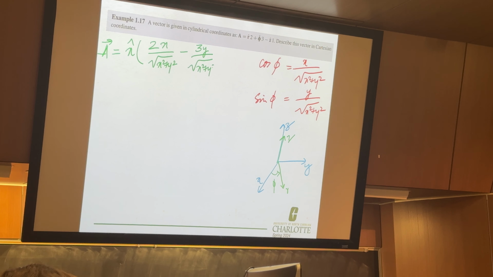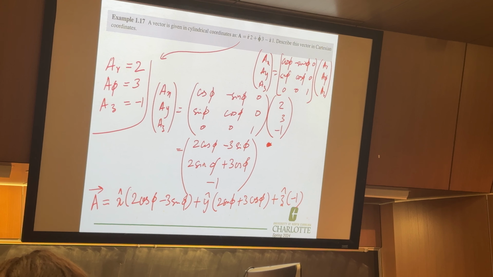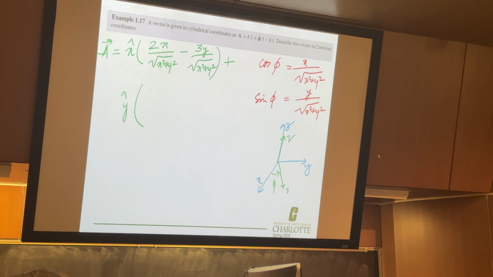Yeah, so that's our ax component. Now the y component is, what are the y components? 2 times sine phi plus 3 times cosine phi. Okay, plus z of course remains the same.